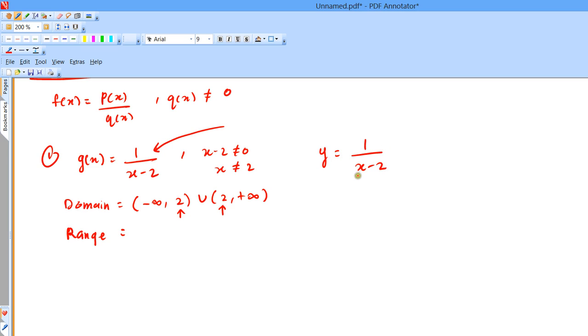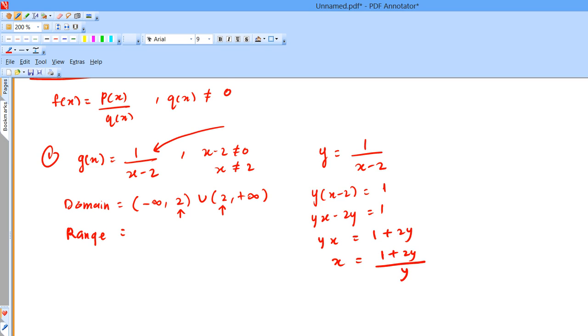We want to find x as the subject. So y times x minus 2 equal to 1. Then expand: yx minus 2y equal to 1. yx equal to 1 plus 2y, or x equal to 1 plus 2y over y.